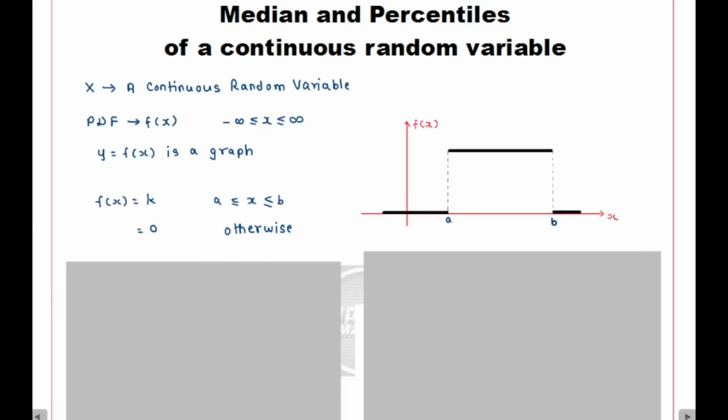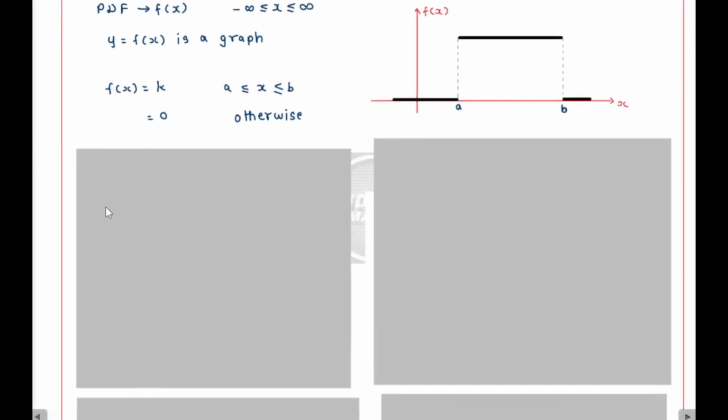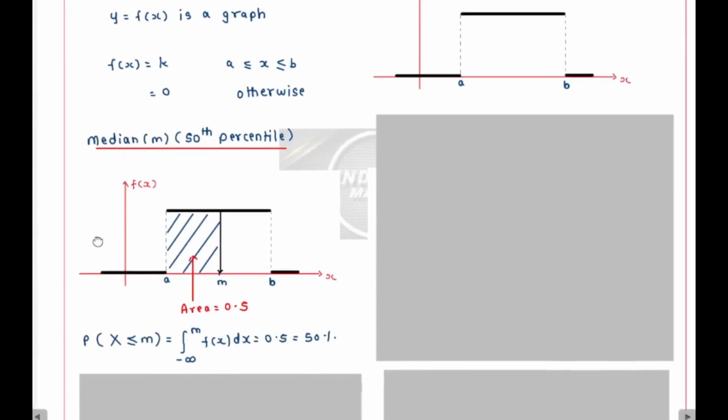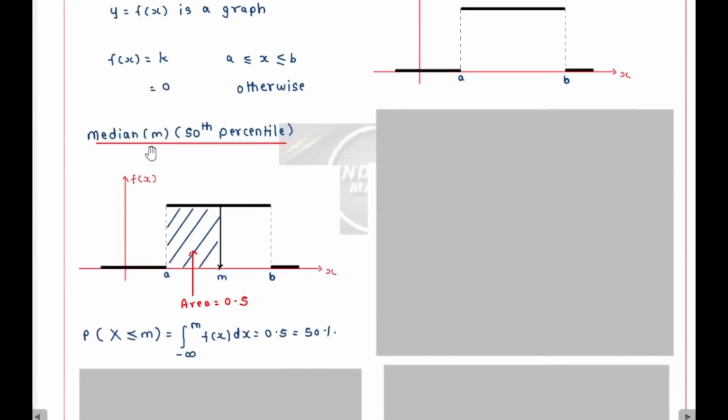correct? Now for this particular graph of f of x, we are trying to find out the median and the quartiles. So what is median? Median is nothing but the 50th percentile.